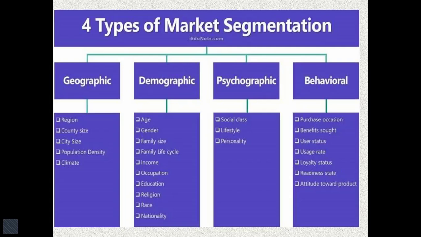Purchase occasion: what are the different occasions? Benefit sought: everyone has different kinds of benefits that they are seeking from the products. So we need to understand the actual reason for making a purchase of any particular commodity. And user status: whether they are beginners, frequent users, or the loyal ones or not.